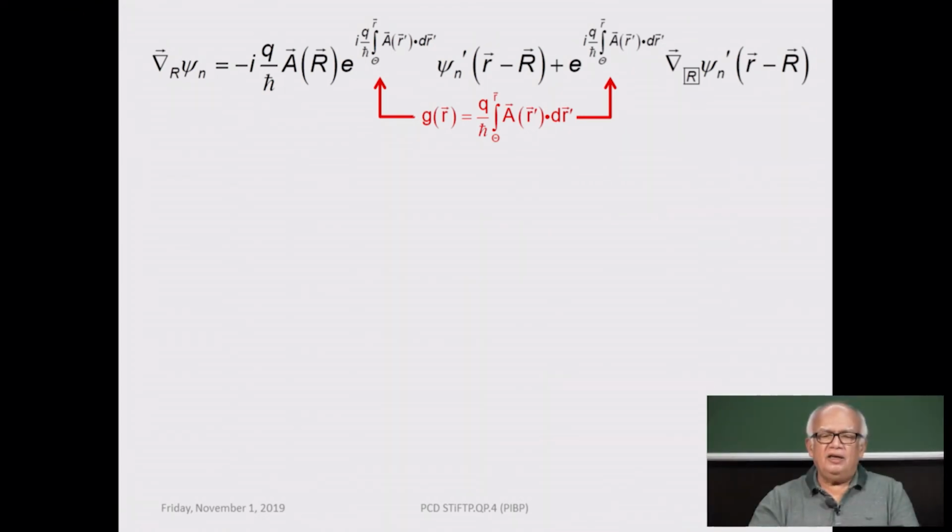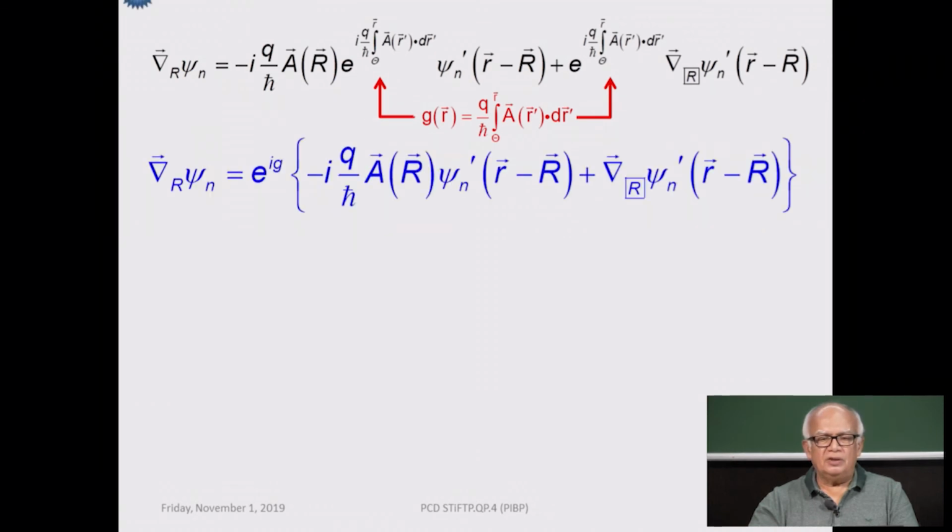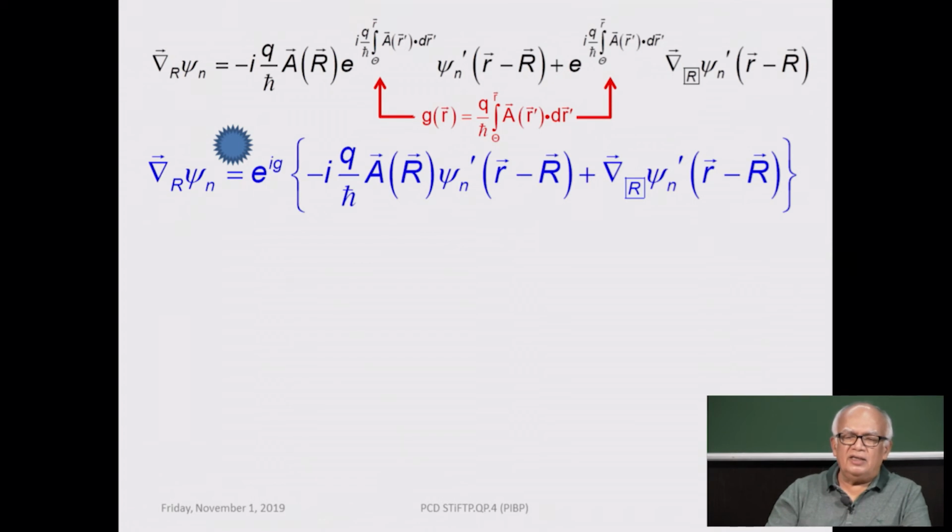Notice that there is e to the ig in both the terms. So, I can extract that as a common factor, e to the ig, and then I will be free to use this result later on.